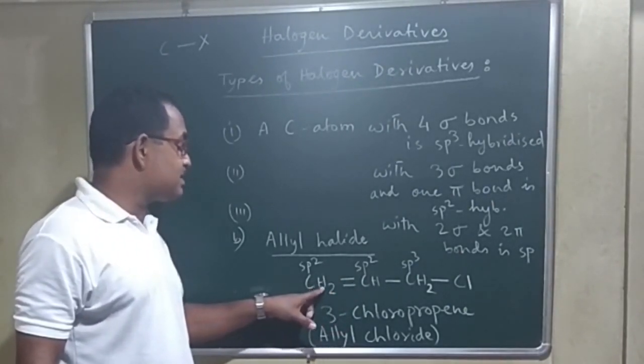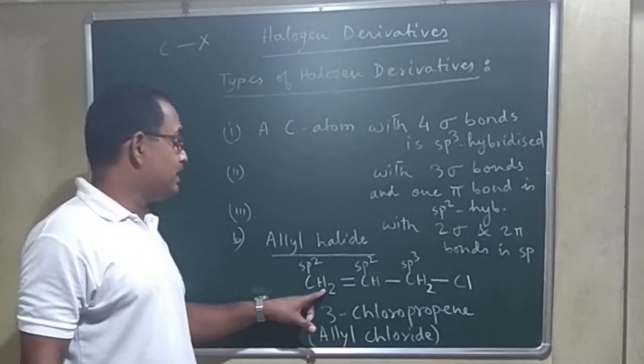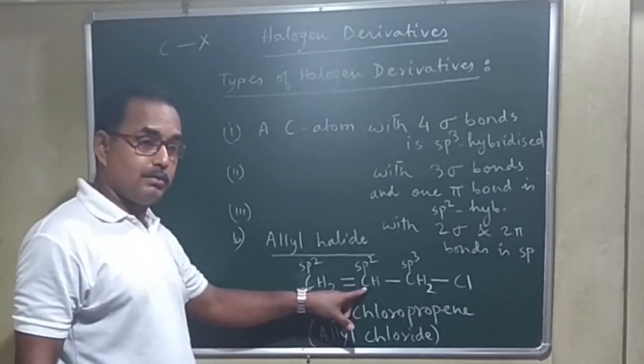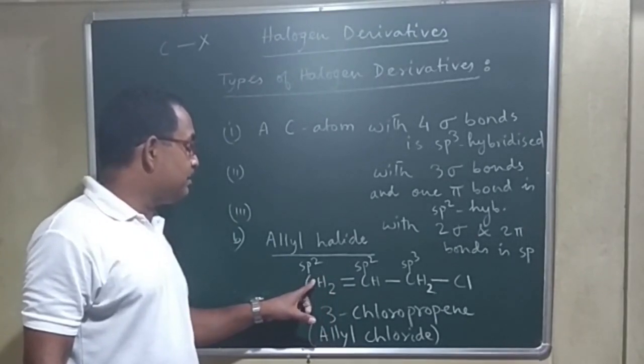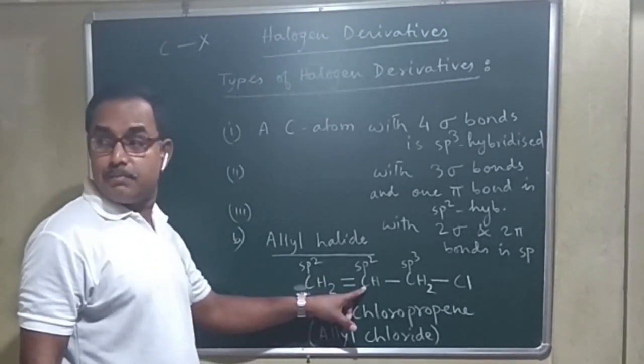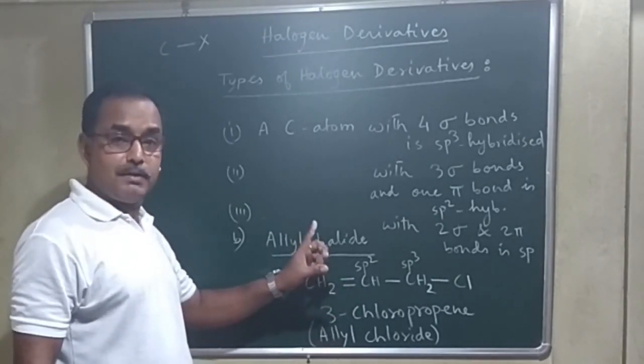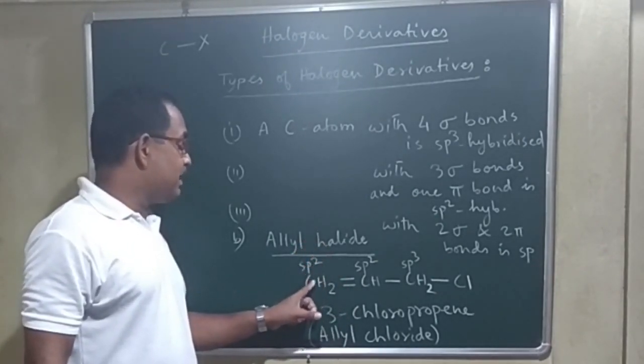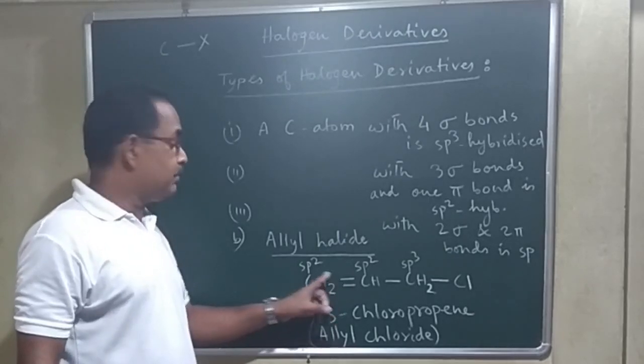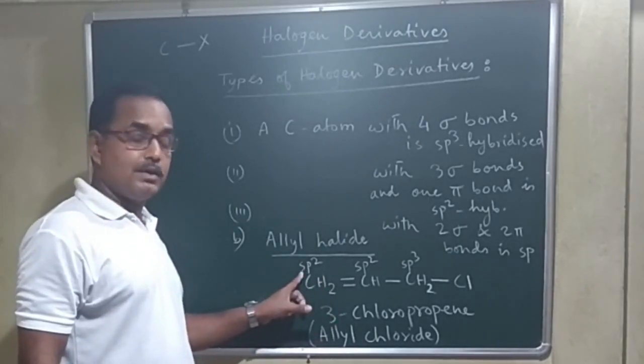So this carbon has 3 sigma bonds, 2 with hydrogens, 1 with carbon, and there is a multiple bond between the 2 carbons. The multiple bond means double bond means 1 sigma 1 pi. So this carbon has 3 sigma and 1 pi, therefore this is a sp2 carbon.